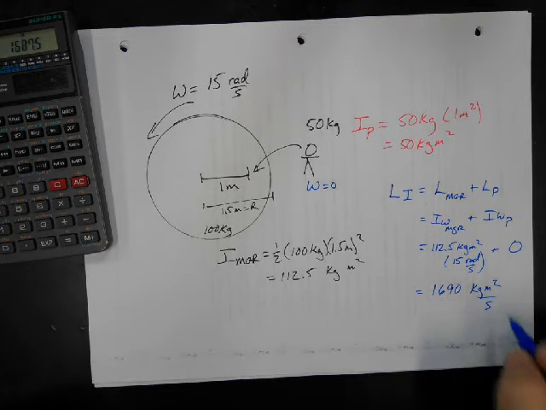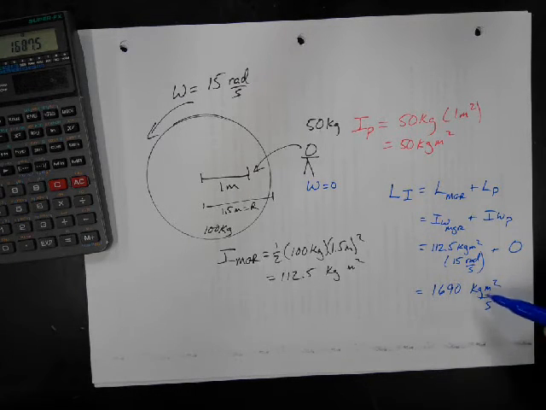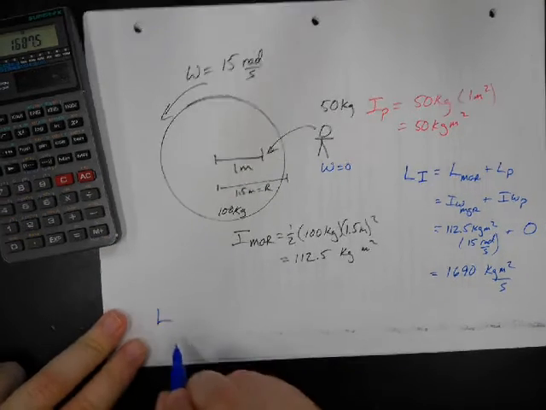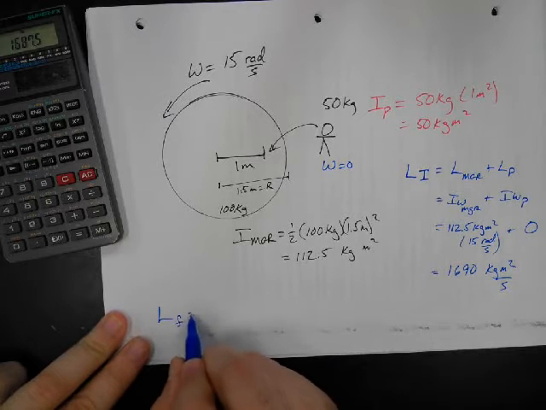You can massage this into different forms, but there's got to be a mass, a distance, and a velocity in here, and that's what there is. So our final angular velocity has to be this number.